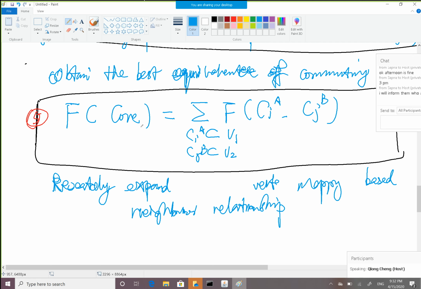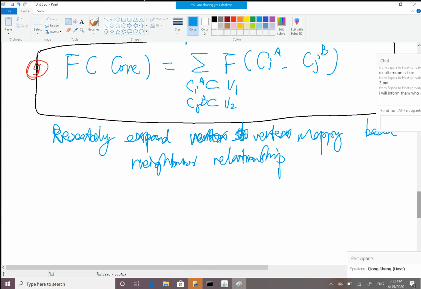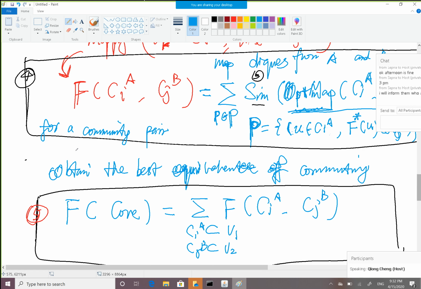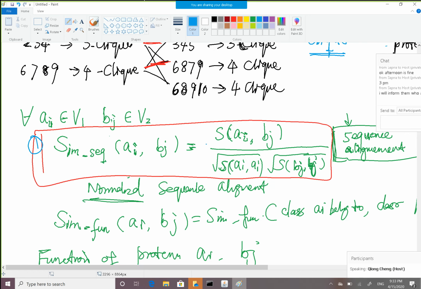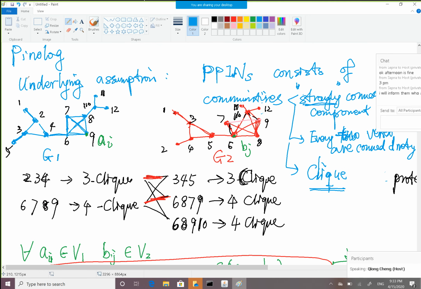Because here you already have this core, you already have a subgroup of vertices. For example, in this case, you already checked the best mapping for this vertex, and you got the best mapping for this vertex.